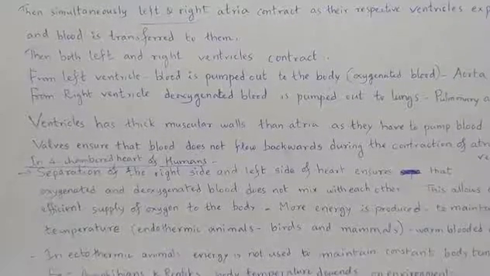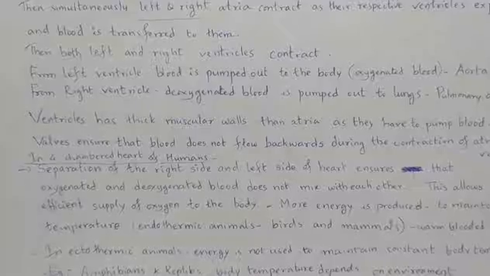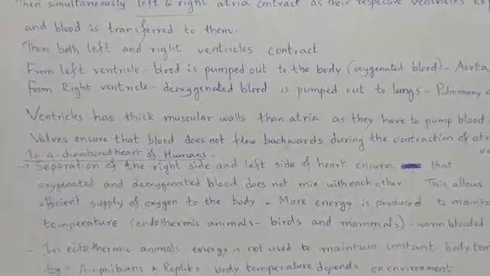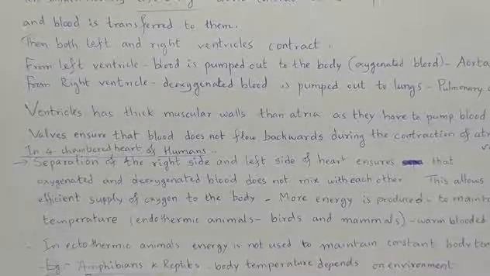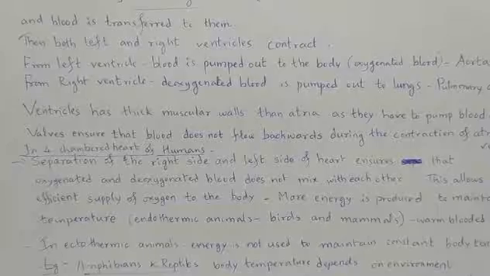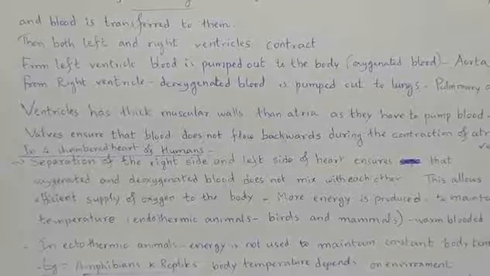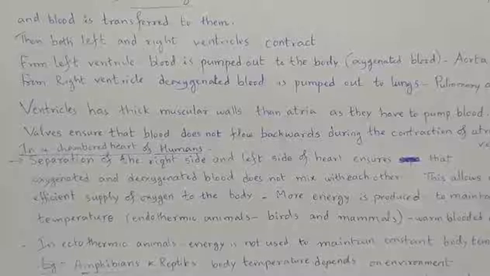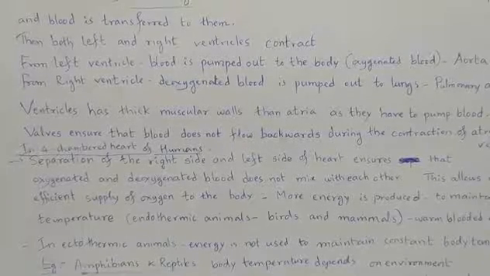Once the blood is transferred to the ventricles, both left and right ventricles contract. From the left ventricle, blood is pumped out to the body parts through the aorta and from there through the remaining arteries.